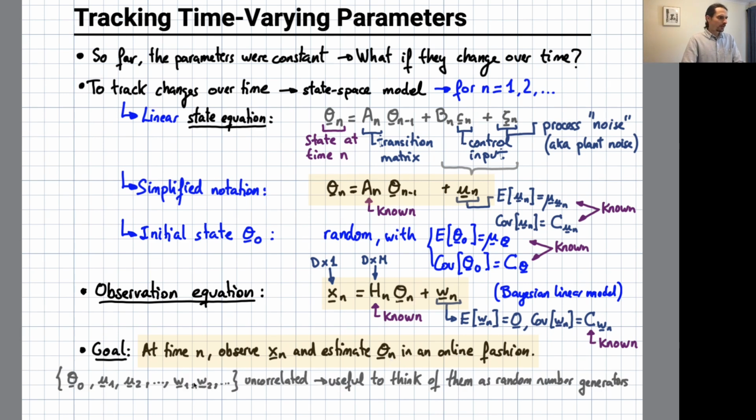And we will be assuming throughout that the initial state and all these noise vectors, the process noise and the observation noise, are uncorrelated. Note that all the other random vectors in this framework are functions of the random vectors here.